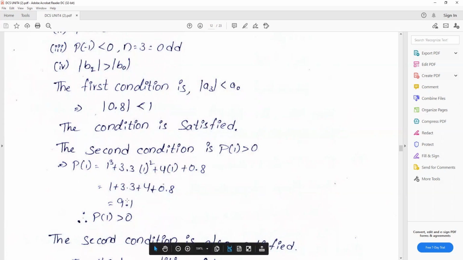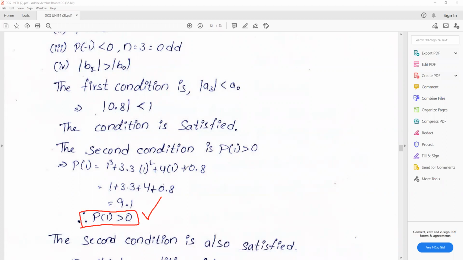The value is 9.1. P of 1 is 9.1, which is greater than 0. So the second condition is also satisfied.